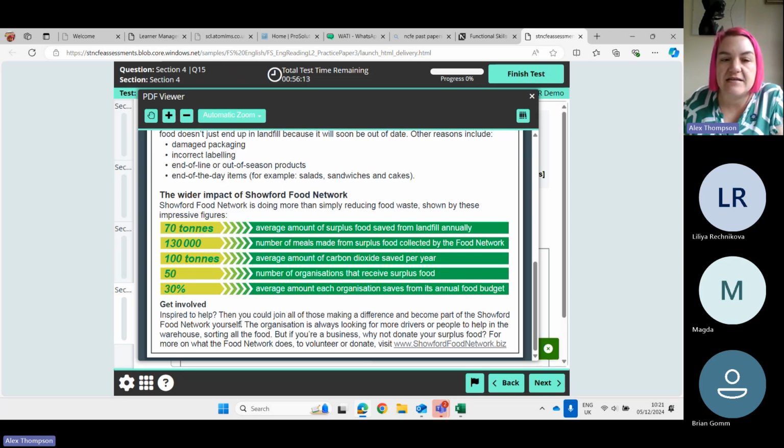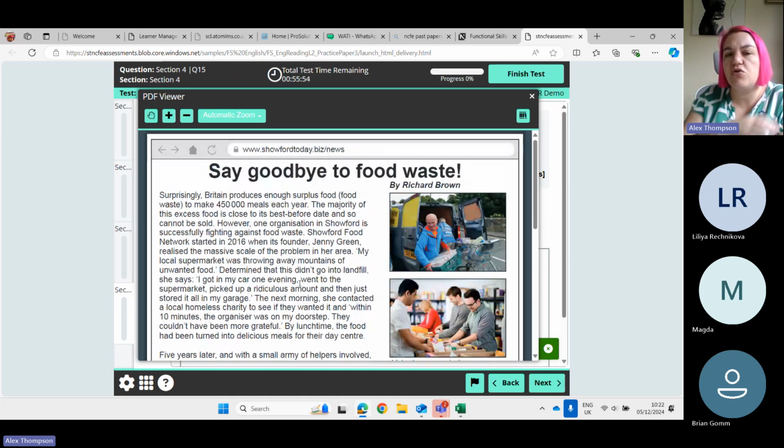Okay, so in this case, it sounds like it's trying to persuade you to become a volunteer for this organisation, or to find more information about it, or, if you're a business, to donate any surplus food. So overall, it's trying to persuade us to get involved, as well as giving us information about it.